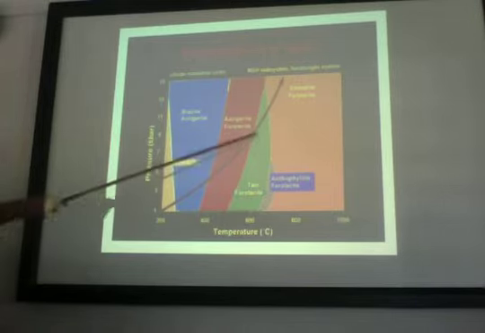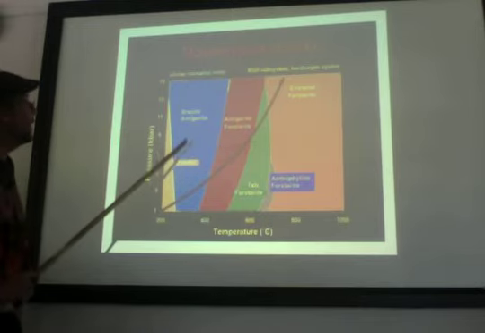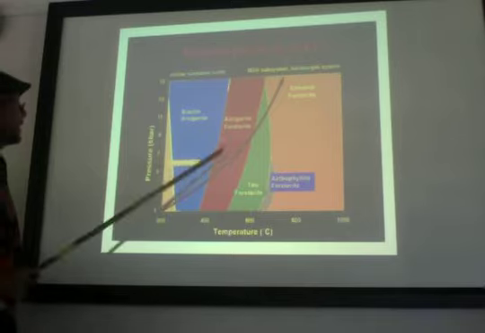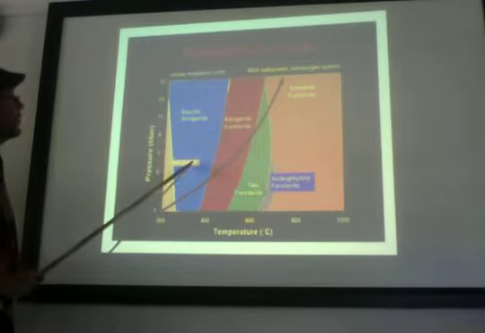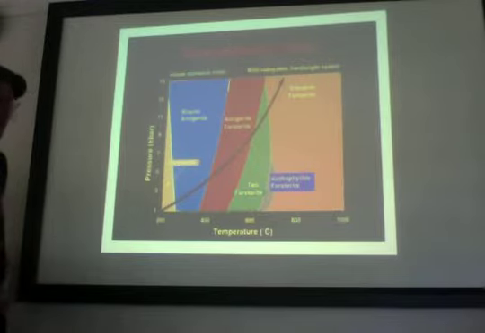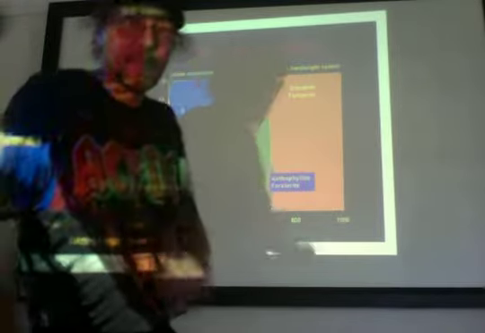But if you go to lower temperatures, then we have OH-bearing volatiles. We have the chrysotile, the antigorite and the lizardite; these are serpentines.